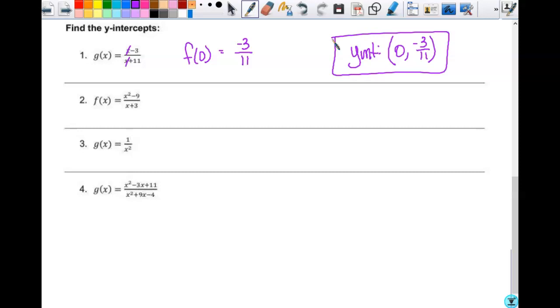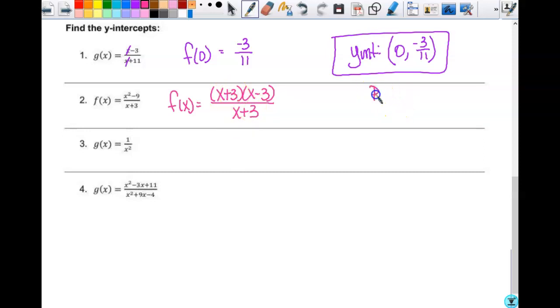So normally we're not finding the y-intercept all by itself, but remember that's something else we do after all of the rest of everything. So I will have already factored, so let's factor this. F of x is equal to, I have a difference of squares, x plus 3 times x minus 3 all over x plus 3. So that means I'm going to be able to cancel something out.